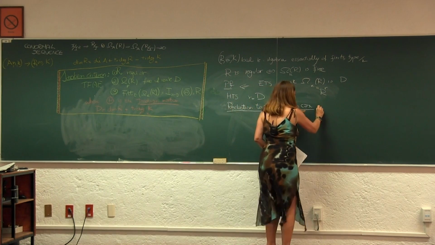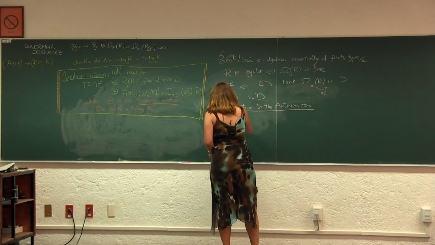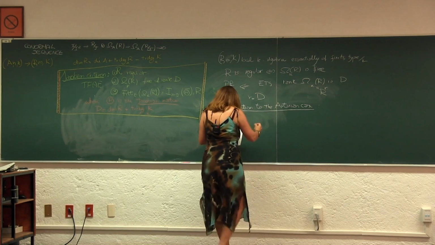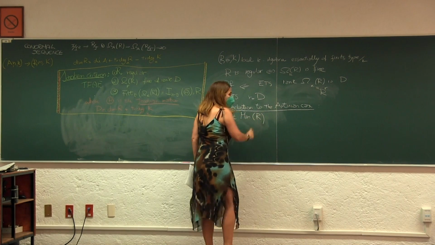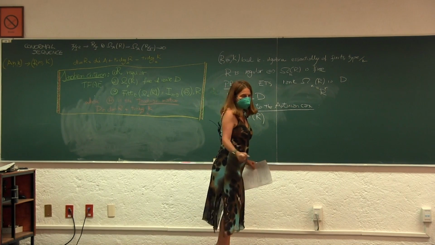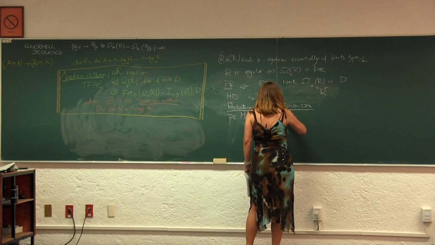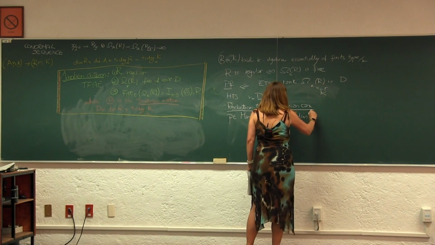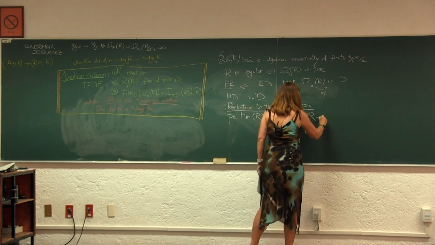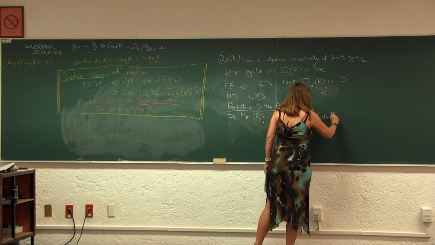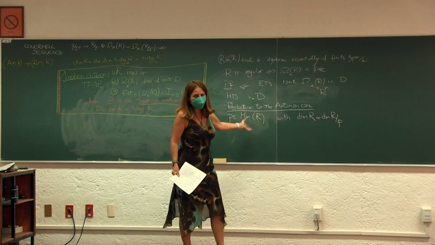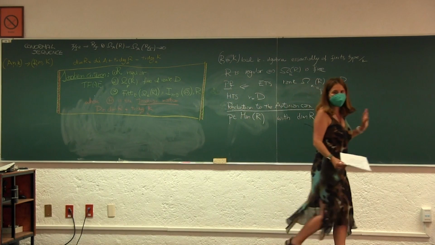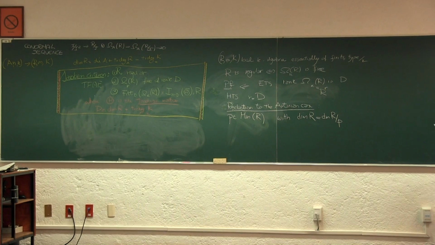To do this reduction, we take P, a minimal prime of R with maximal dimension. I have to ask for this prime like this because, if R is equidimensional, it's obvious that every minimal prime has that dimension, but I'm not asking that. So I want to get this prime.